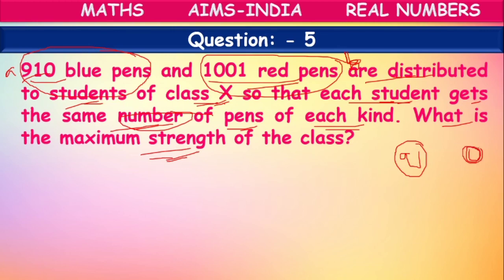If we apply Euclid division lemma to this problem, what can we write? Here two numbers 910, 1001 are there. Let's take the bigger number as A, the smaller number as B. Actually, we have to find their HCF, highest common factor, so that according to that number we can divide.